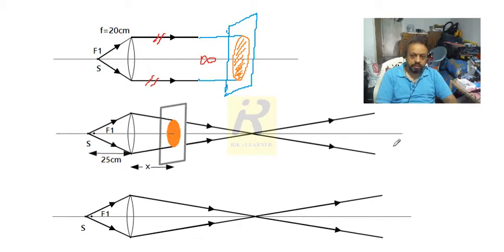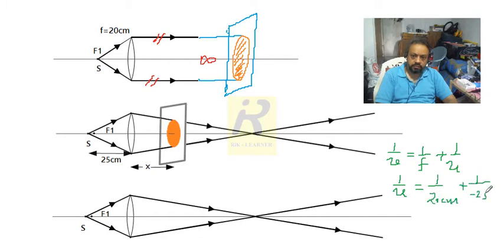If you do the calculation, 1 by v equals 1 by f plus 1 divided by u. Making the substitutions, this is 1 divided by 20 centimeter, plus 1 divided by minus 25 centimeters.